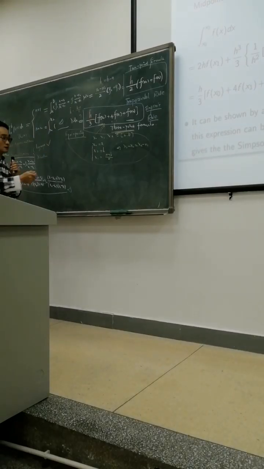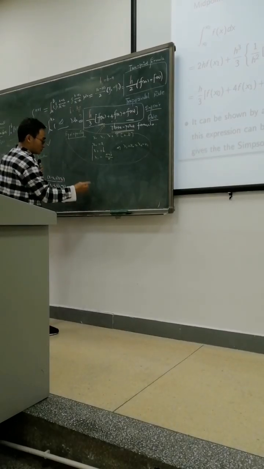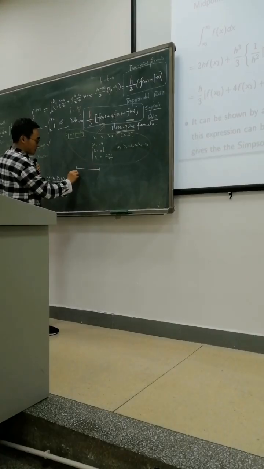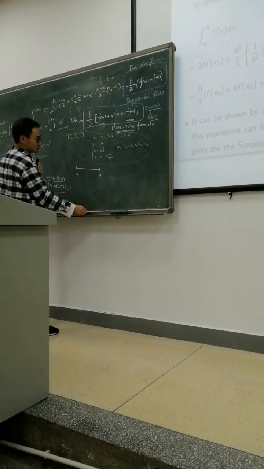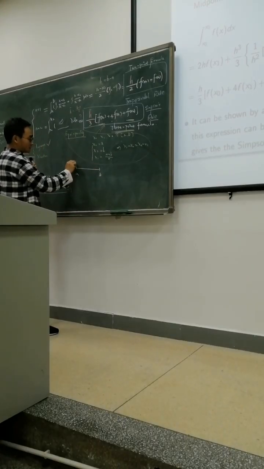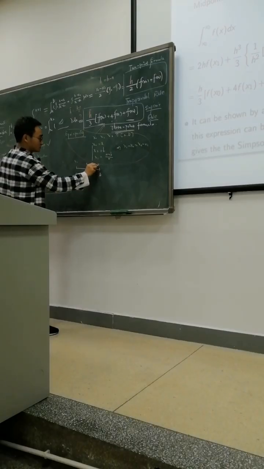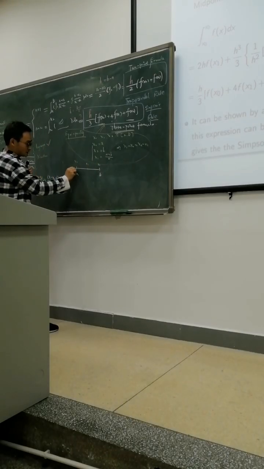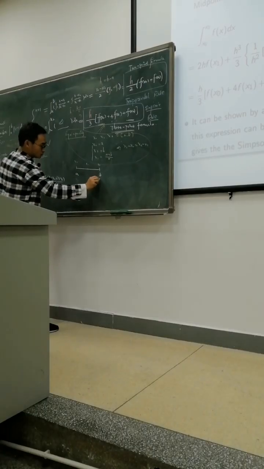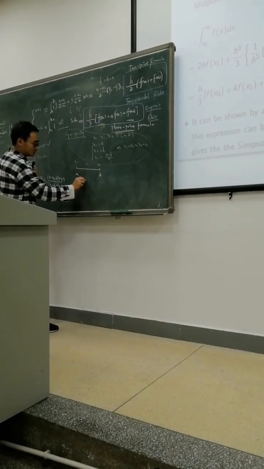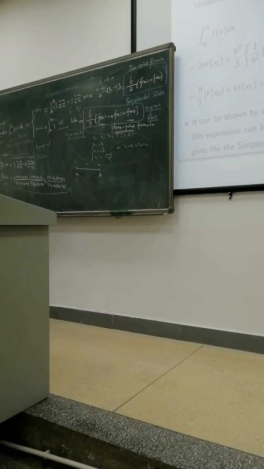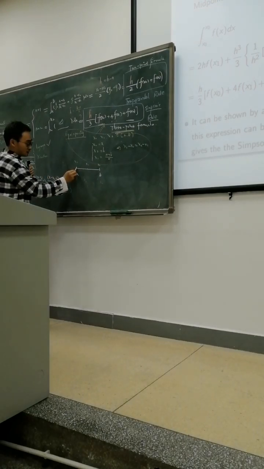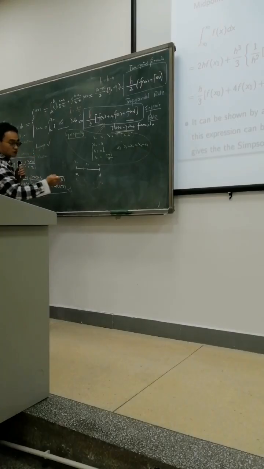Here we take this interval AB as x0, x1, x2, right? If we just take x0 here, x2 here, and x1 here, what happens? This is x0, this is x1, x2. The spacing is not the same.